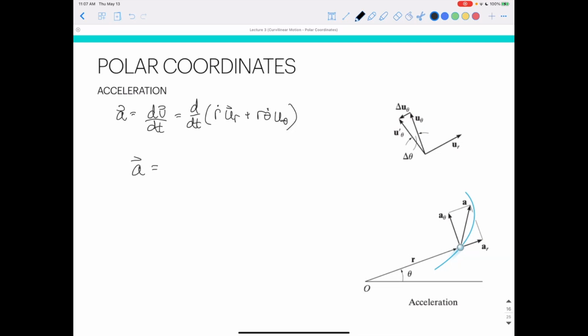It's very similar to velocity, but what we end up with is a radial component of acceleration, r double dot minus r theta dot squared, times ur, plus our transverse component, r theta double dot plus 2 r dot theta dot, times u theta.